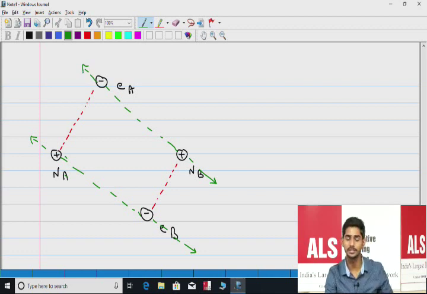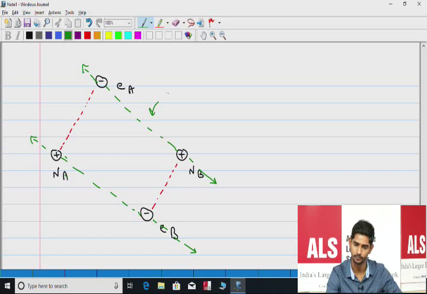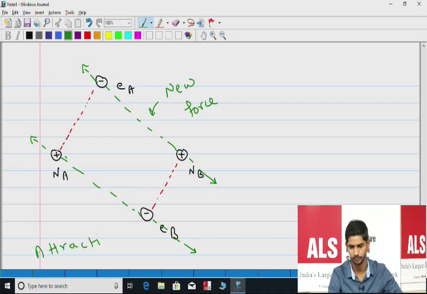Okay, so guys, these are the new forces. Okay, these are the attractive. Okay, now let's check out.